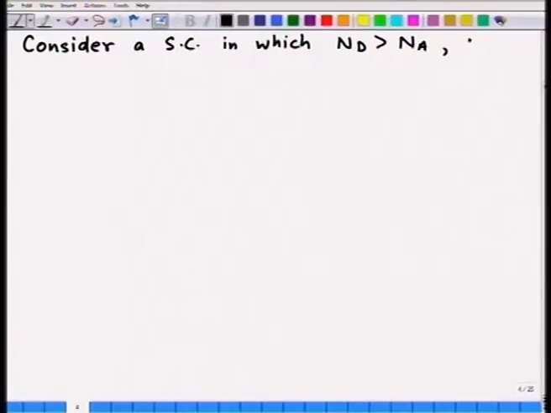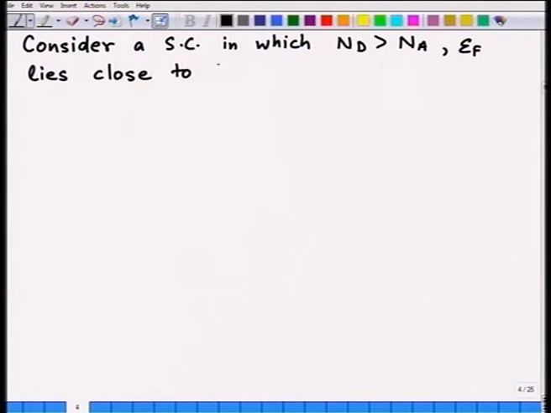All right, if it is so, then the Fermi level lies close to the ED level. We have seen this, and I have gone through it very carefully with you, that when the Fermi level is exactly at the ED level, then half of the impurities are ionized. Remember, in the exhaustion region, the temperature was high enough that all the impurities were ionized, everything had gone to the conduction band.